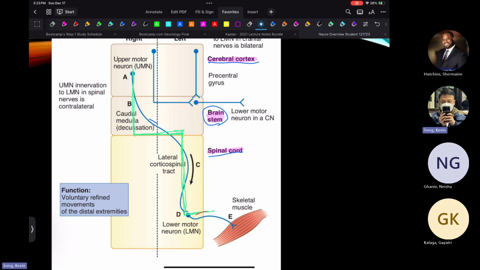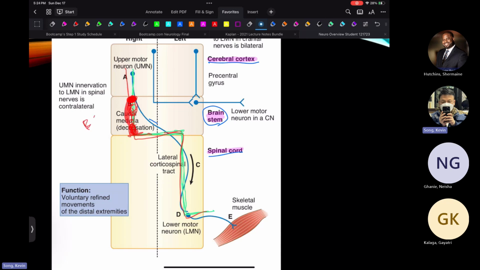If I say the lesion is in the brainstem, no matter where, it has already passed the decussation. Even if it's at the top of the midbrain or the bottom of the medulla, it doesn't matter.